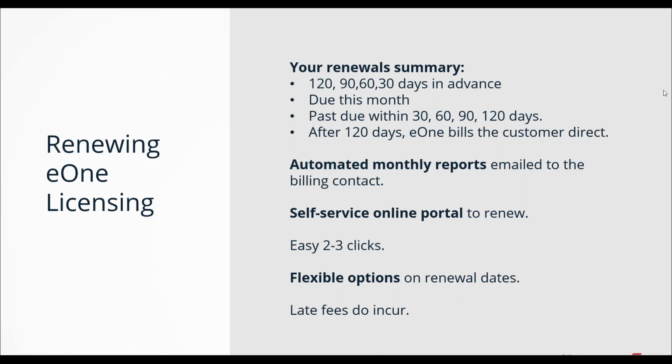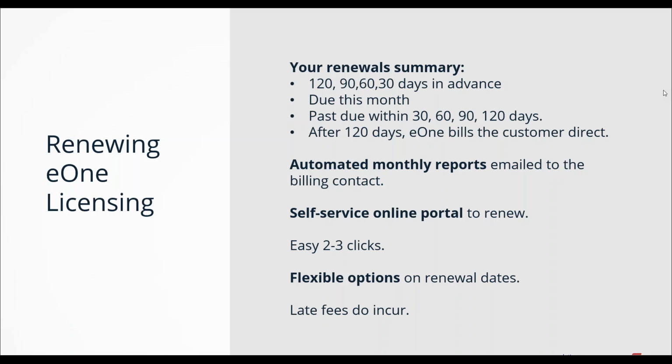So prior to renewing, we start notifying on that report all the renewals that are coming due 120 days in advance, 90 days in advance, 60 days in advance, 30 days in advance, what's due this month. And then we show you everyone that's expired or past due within 30 days, 60 days, 90 days, and 120 days.